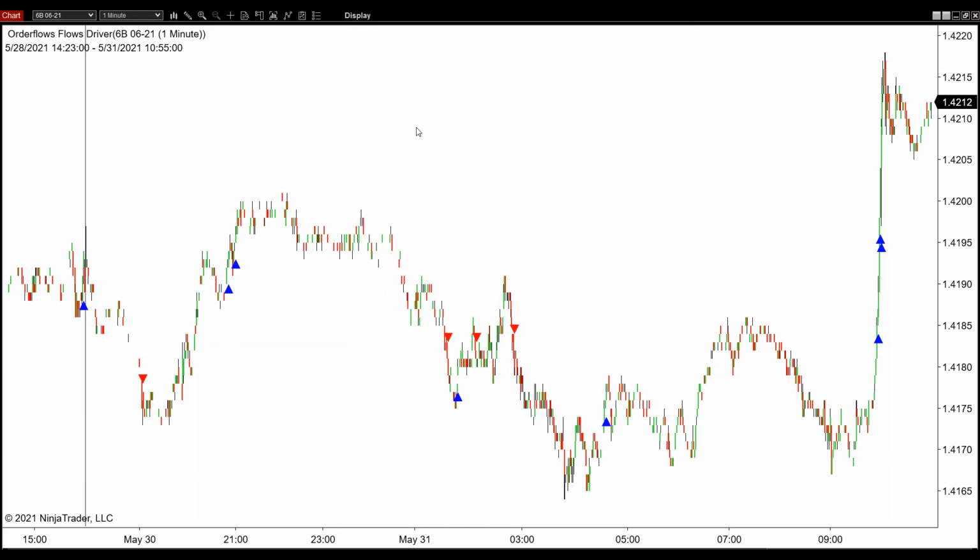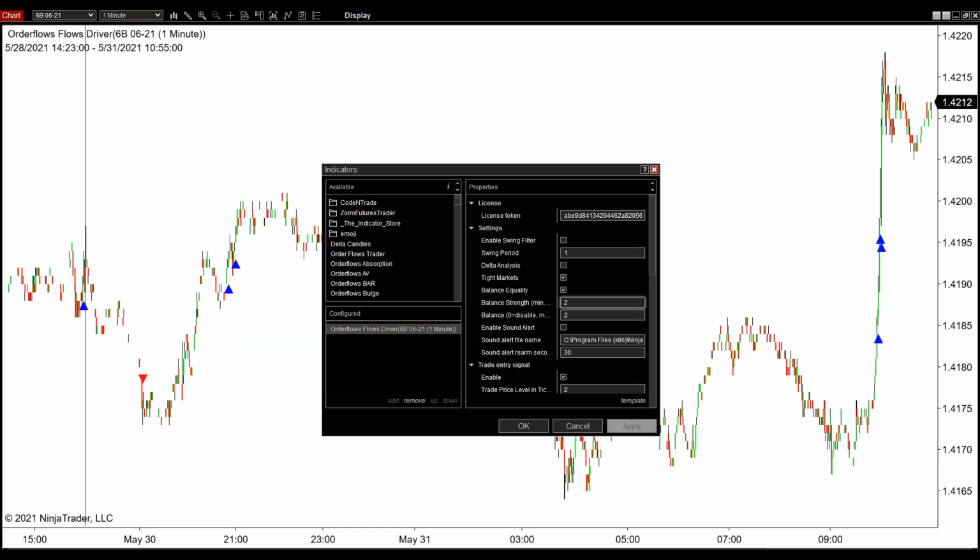The main setting is going to be the balance strength, and the swing filter, whether you want to look for swings, sort of longer term trades, or not. Depending on tight markets, there's delta analysis, sort of equality in the order flow. I purposely kept it simple.